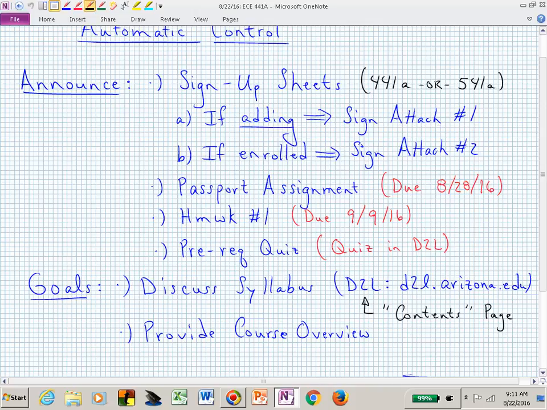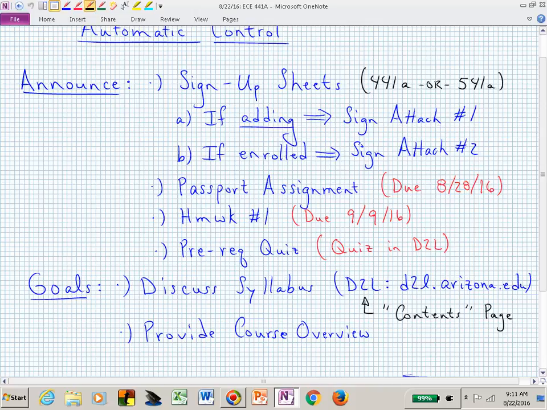Some of it maybe you won't have seen before. That's okay. Just do your best. But do it by yourself. I don't want you in mass giving the same answers. I want to see on average what the class looks like relative to the prerequisite quiz.